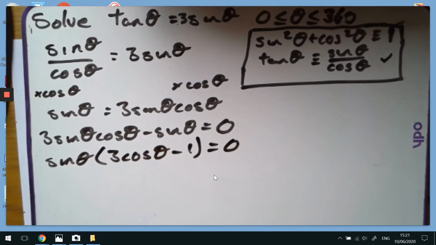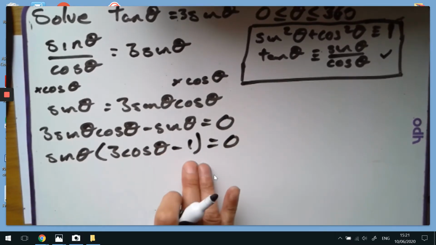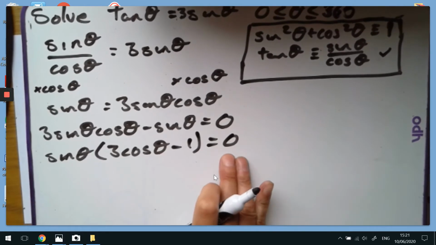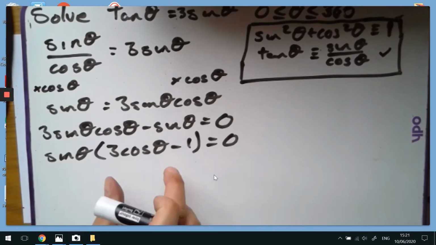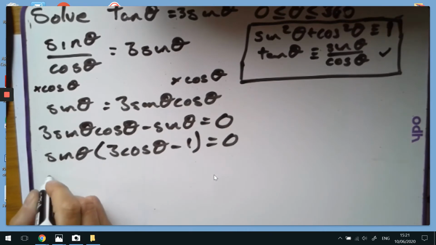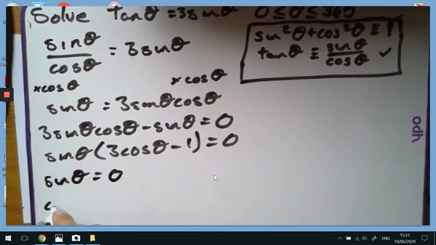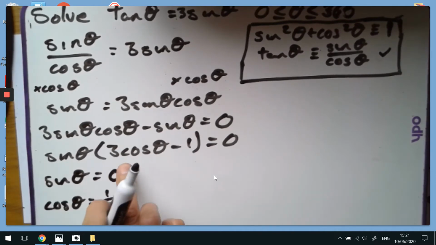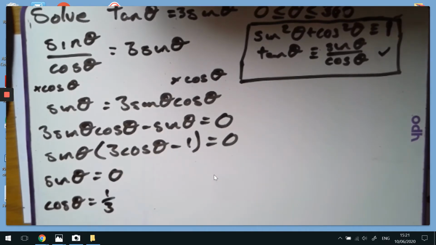So now I'm into a really nice little situation, because I've got something multiplied by something equals 0. That means, for that to be true, either the first something must be 0, or the second something must be 0. So we're going to say sine theta equals 0, or cos theta must be a third.